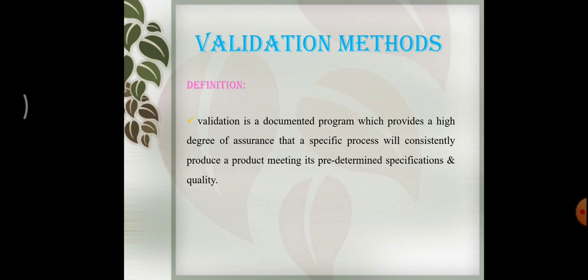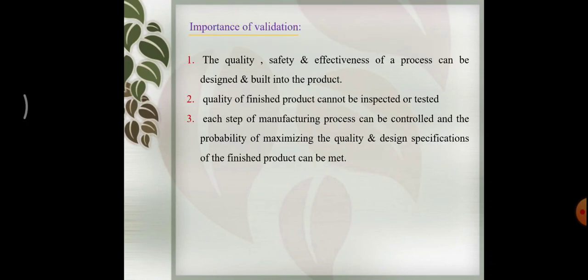And how do we correlate process validation and product quality? Once you validate the process, it shows that your process is consistent enough to produce a quality product from batch to batch and from unit to unit. The importance of process validation is as follows.